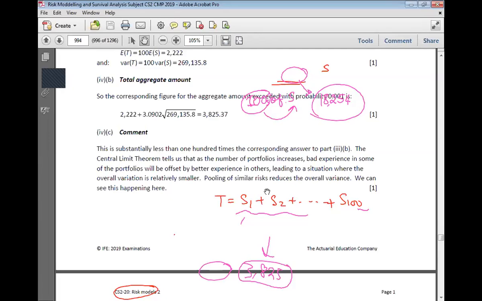So it's just saying that if you compare the variance for one S versus 100 different S's, the variance in this case would be much, much higher than the variance in this case. The end line is that pooling of similar risks reduces the overall variance. Here you're pooling them together, but here you're just investing in one of them. And that is what is happening here basically.